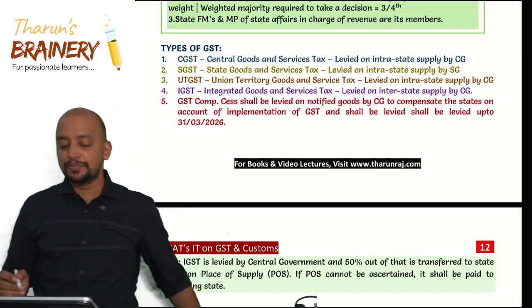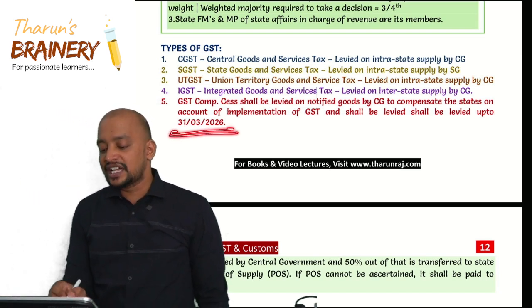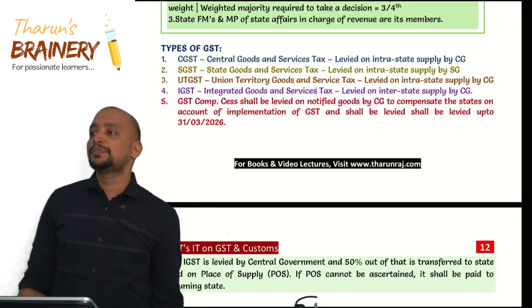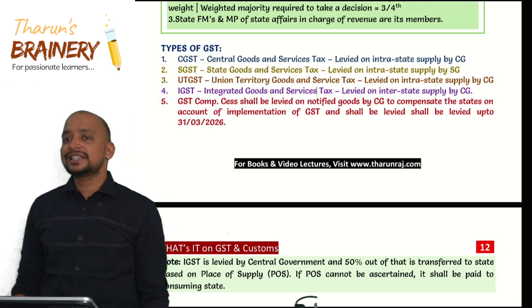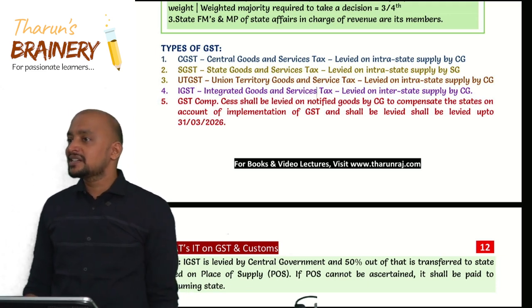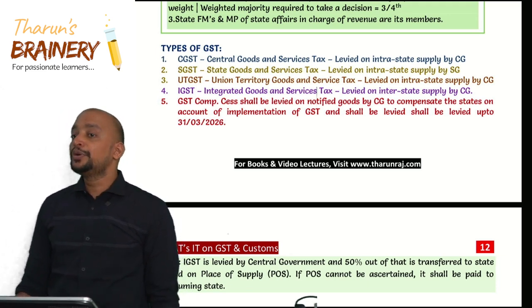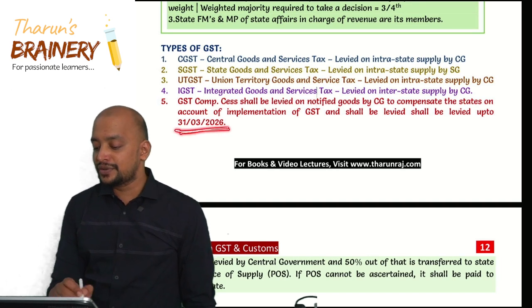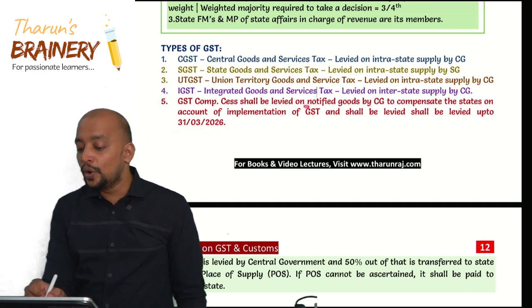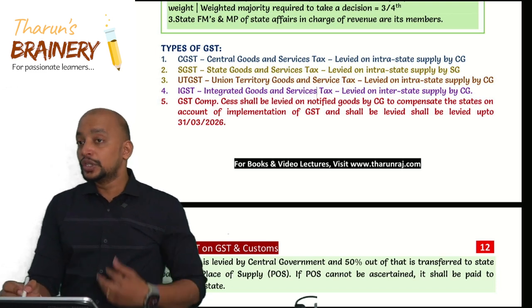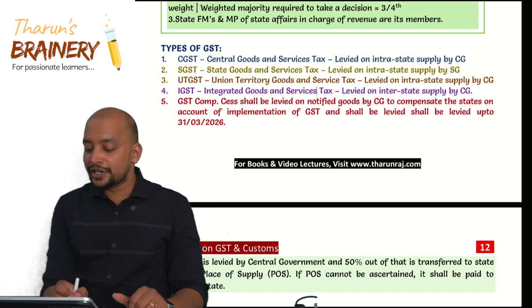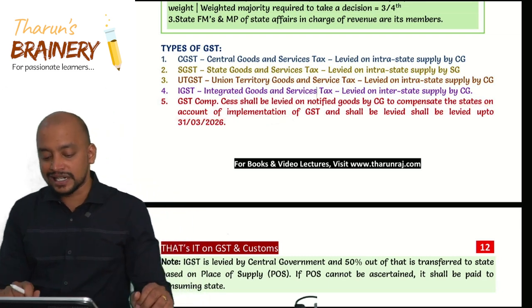What is that extended period that you need to remember? 31st March 2026, please remember that. So it can be tested in MCQ. So compensation cess can be levied by the central government up to 31st March 2026 and it is on notified goods, not all goods, and it will be paid to compensate the states on account of implementation of GST.